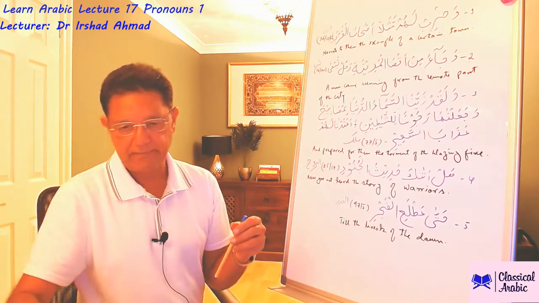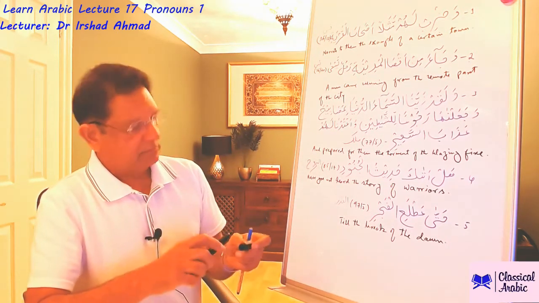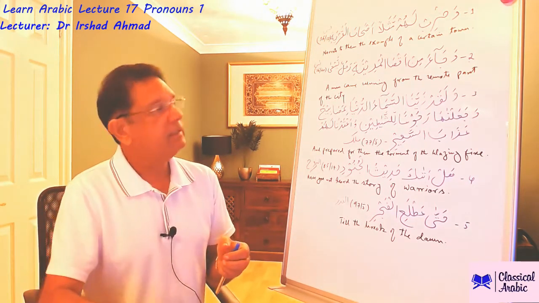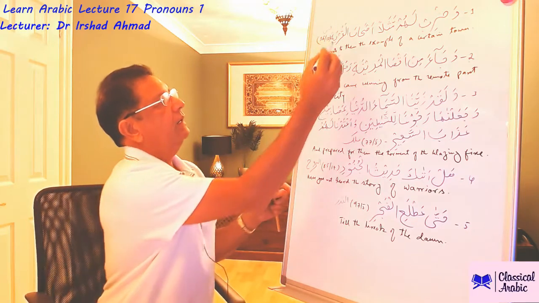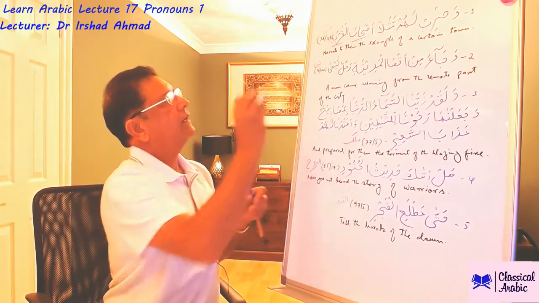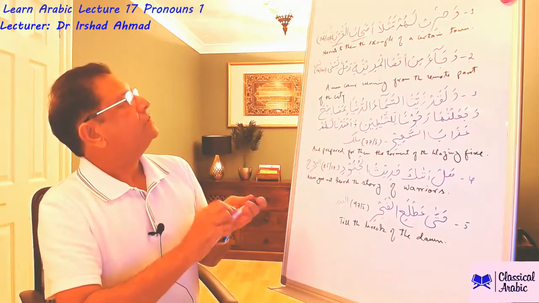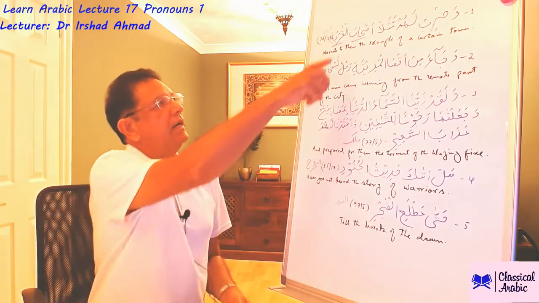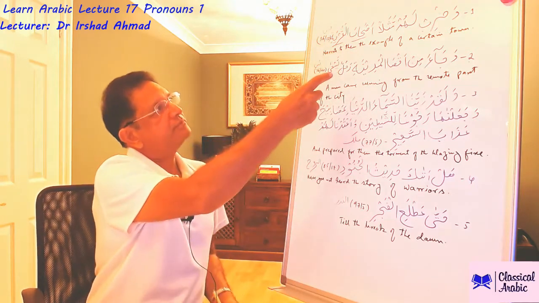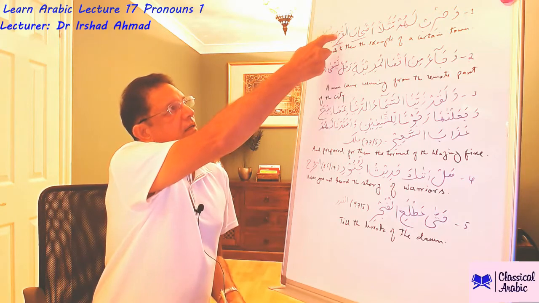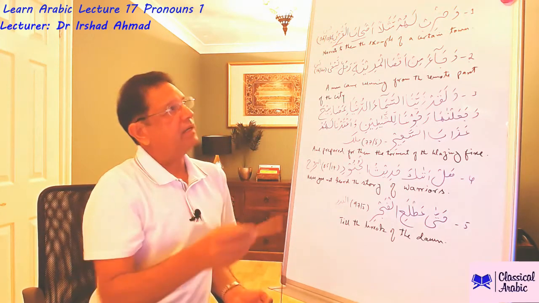So murakkab izafi here is ashab al-qarya. Sahibun is singular and ashabun is plural, and qaryati is majroor here.